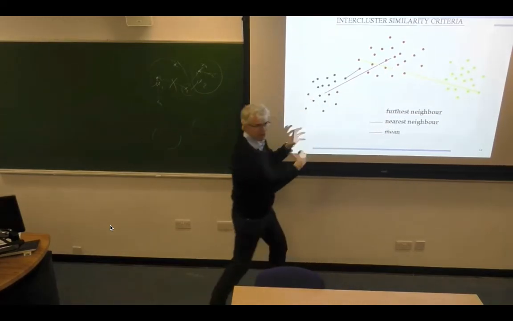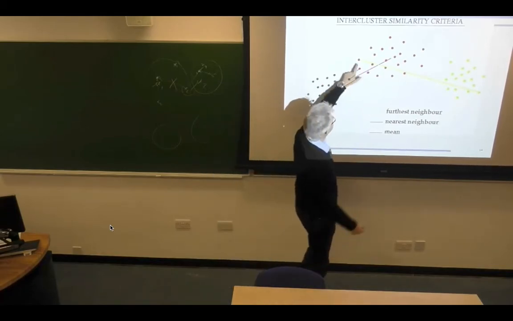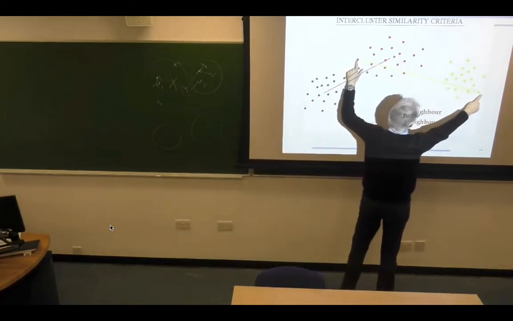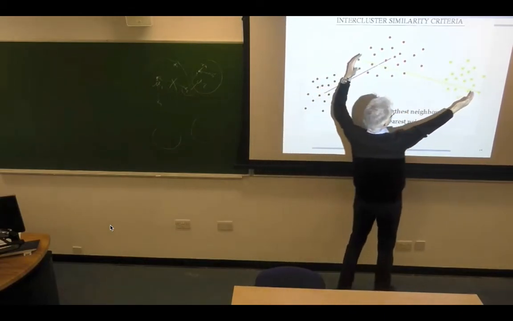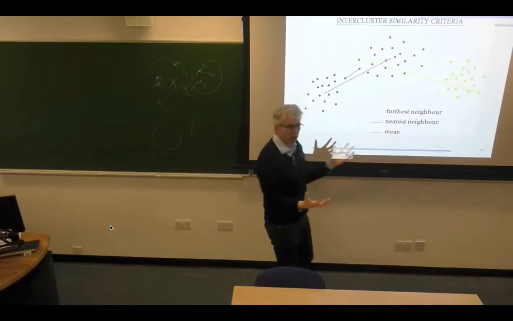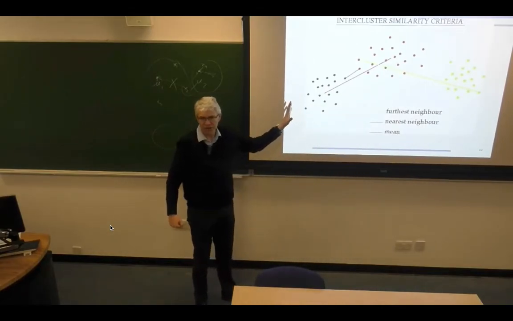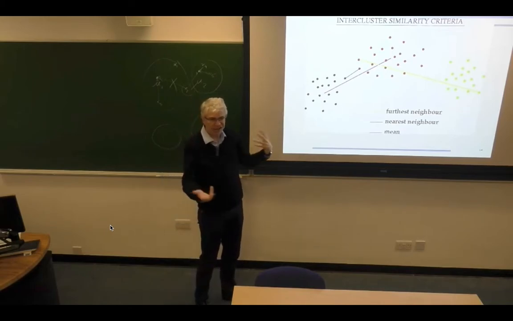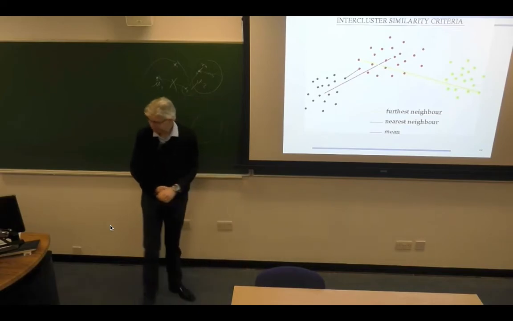And that would give a cluster that extended quite a long way. On this one, the furthest is from this point to this point. And actually, if you measure those two, this one is not quite as far. So it gives you a slightly more compact cluster. So these are different criteria that you can choose. And it's really down to the type of problem that you're trying to solve, which one is going to be most appropriate for what you want.